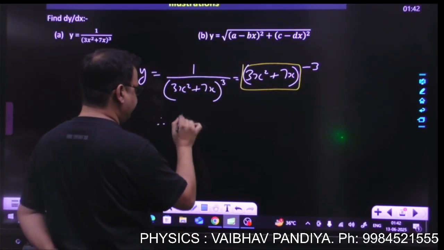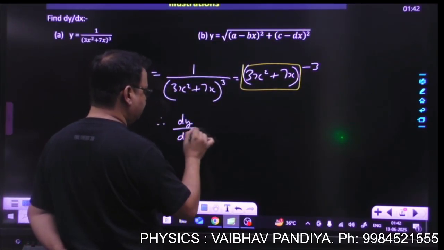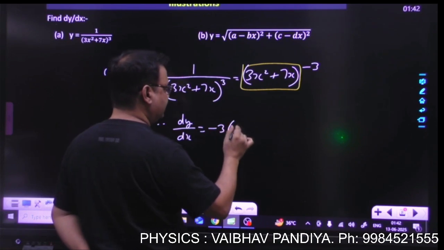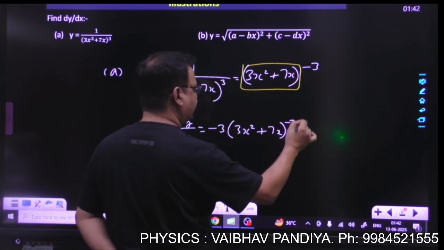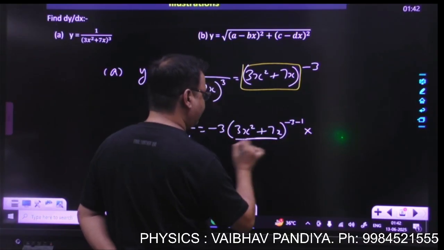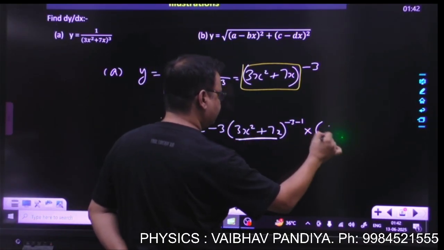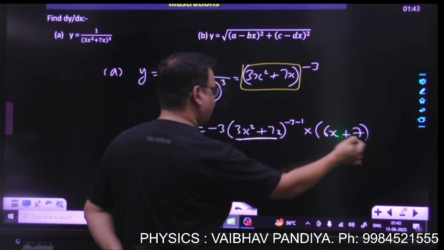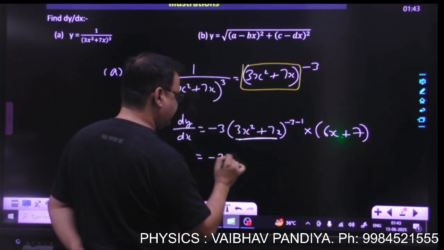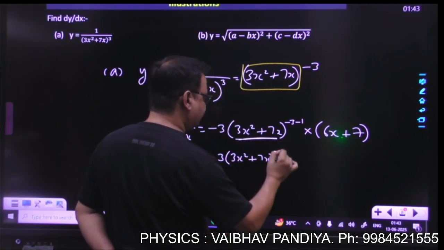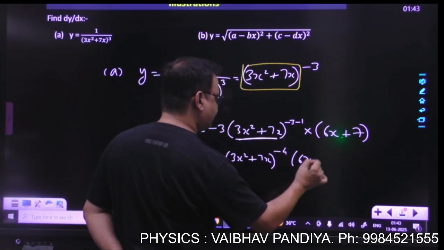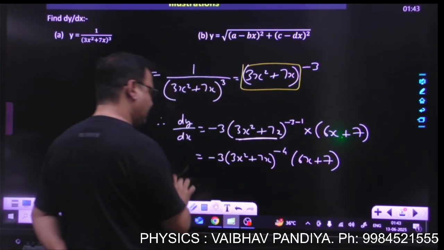Therefore dy by dx will be the index minus 3, the same argument to the power minus 3 minus 1, into the derivative of the argument, which is 6x plus 7. So you'll get minus 3 times 3x square plus 7x to the power minus 4 into 6x plus 7. That is your final answer.